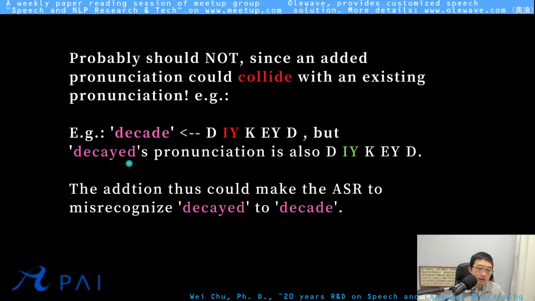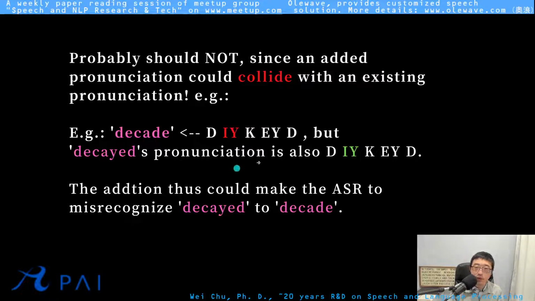decade. Okay, and then once you add this mispronunciation into the dictionary, during the decoding or recognition, whenever somebody says decade, suppose the language model is not very strong, there's no way for you to know whether the guy has mispronounced the word decade or the person is indeed pronouncing decade.